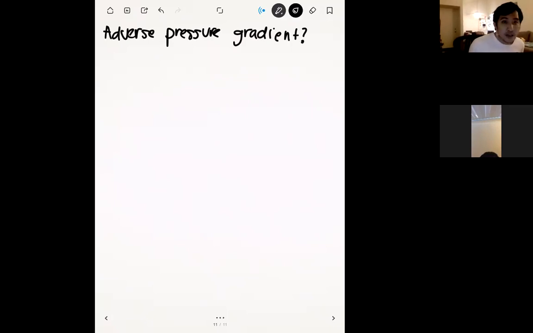Okay. So let's say we have a situation where we have flow into a model or into a surface, and let's say we know what the pressure gradient looks like.